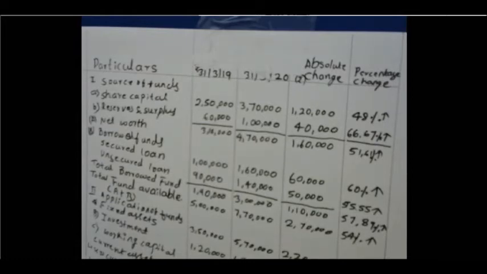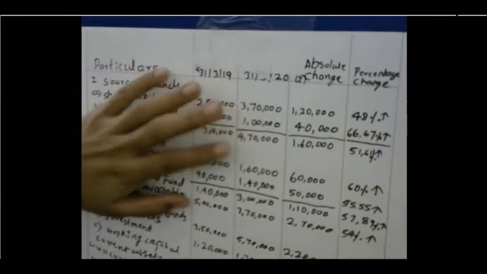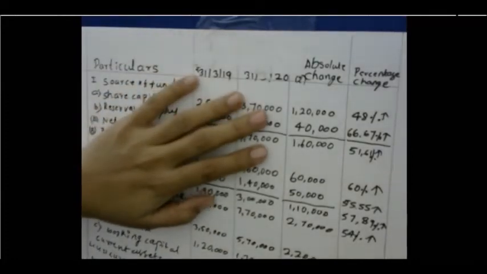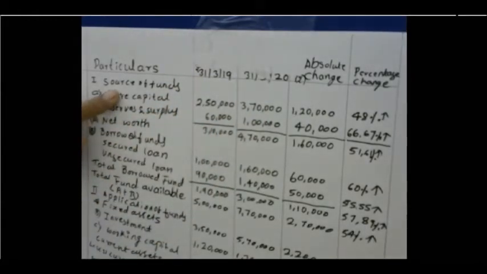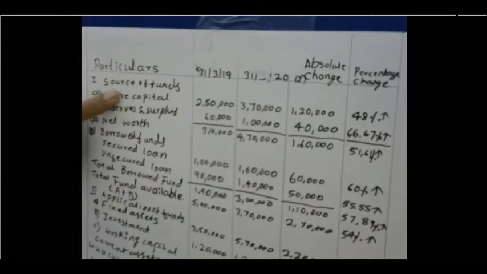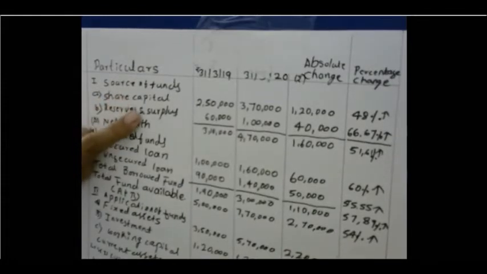According to our balance sheet, the previous year and current year balance sheets of Varun are given. In a vertical comparative balance sheet, the first entry is source of funds, and in that, the first entry is share capital.